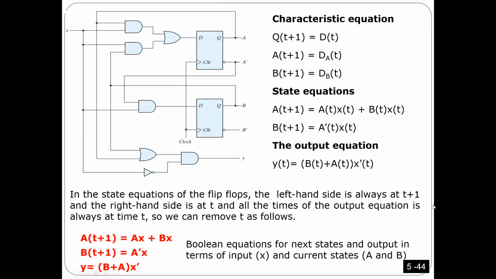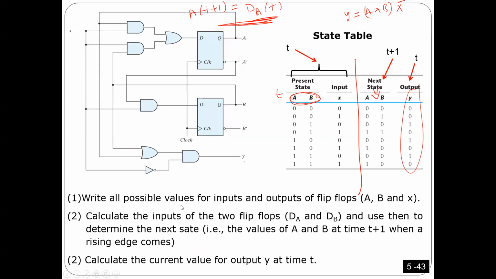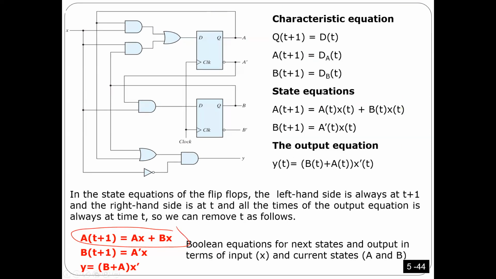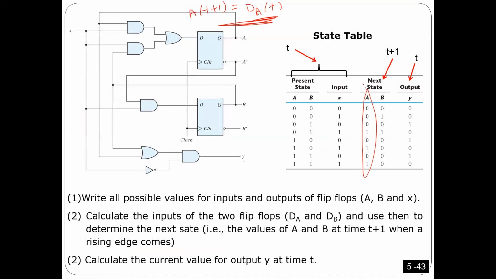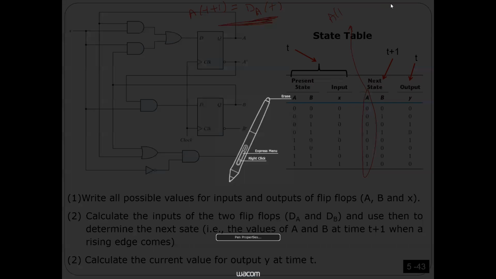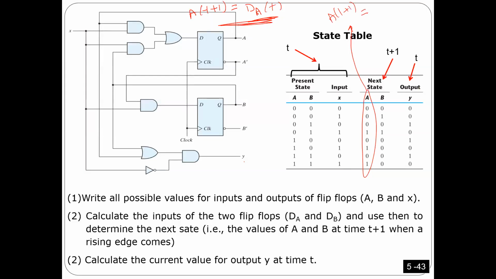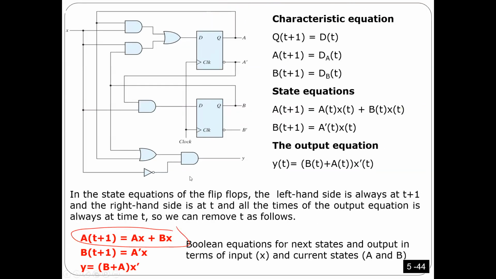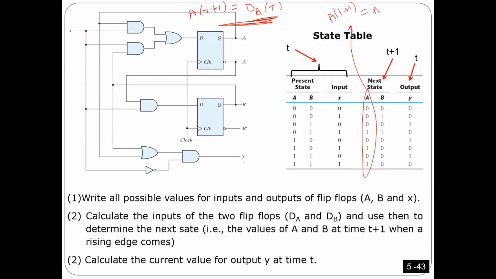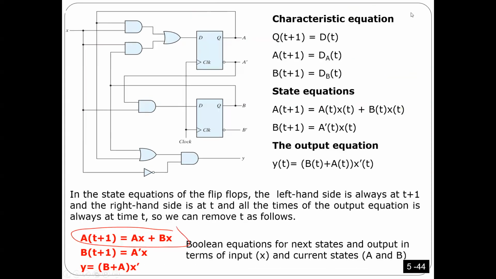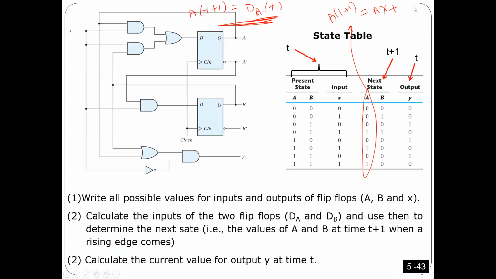Okay, guys? Again, once you have this one, can you fill up this one? For sure I can. Can you get this one here? Yes, because you already have what I calculated here for the new value for A. So I already have the equation for A of t plus 1, which is equal to AX or BX.